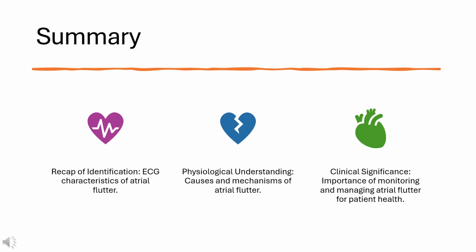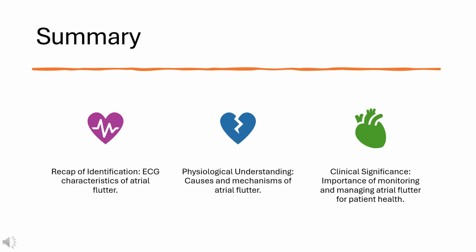Understanding the physiological basis of atrial flutter helps in comprehending why this arrhythmia occurs and how it impacts the heart. Remember that it's caused by irritable atrial cells. Abnormal electrical activity in the atria leads to rapid, repetitive atrial contractions. And often, atrial flutter involves a re-entrant circuit where the electrical impulse continuously circles through the atria, leading to rapid atrial rates of 250 to 300 beats per minute.